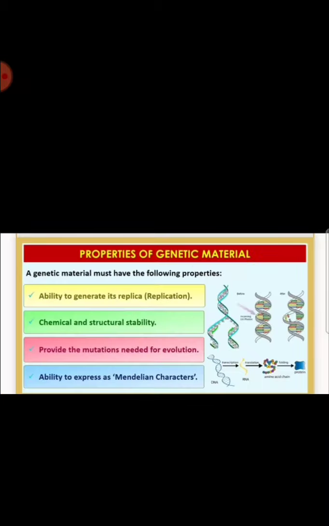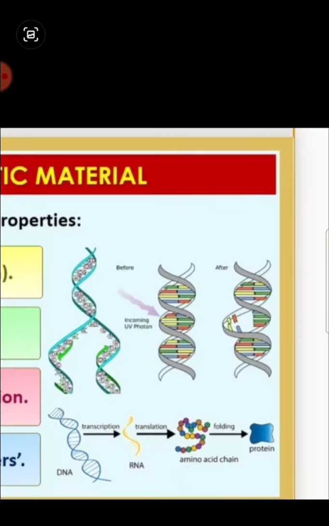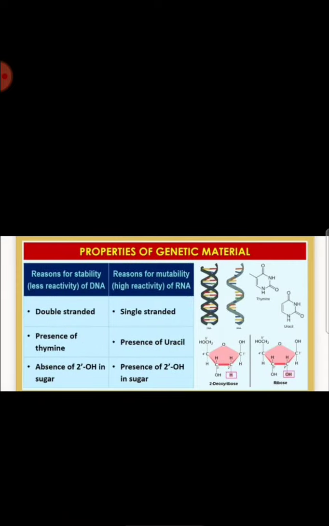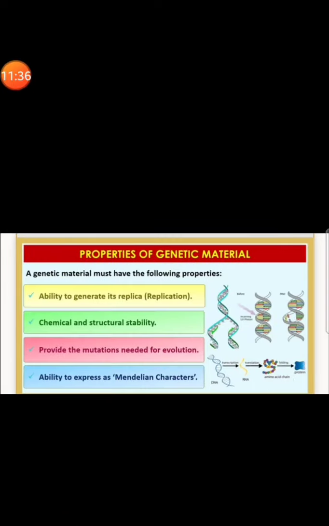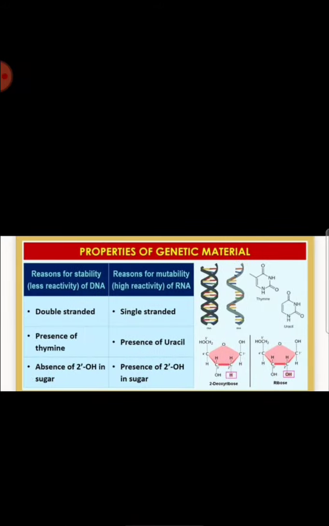This process we will study in the next concept. So here what you have to study is these four different properties of the genetic material. In the further classes I will explain in detail what transcription and translation are, and how the proteins are formed by the DNA.